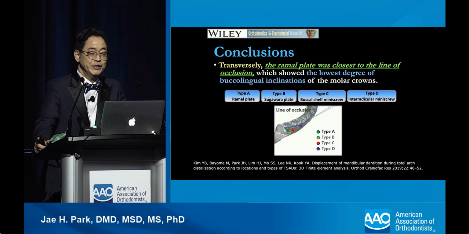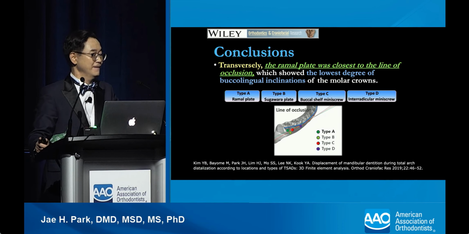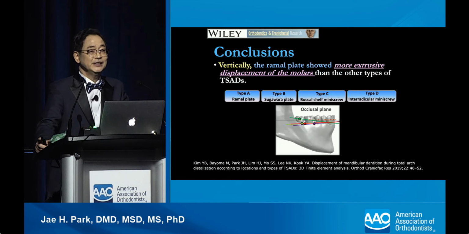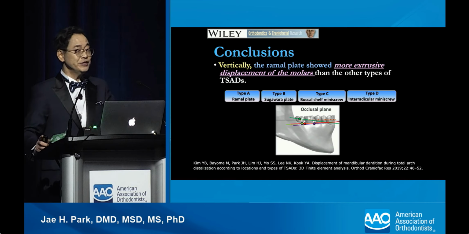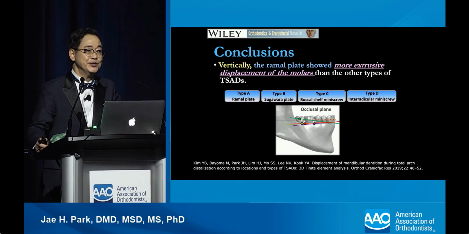Transversely, the L plate was closest to the line of occlusion, which shows the lowest degree of distal lingual inclination of lower crowns. Vertically, the L plate shows more extrusive displacement of the molars than other types of TADs.